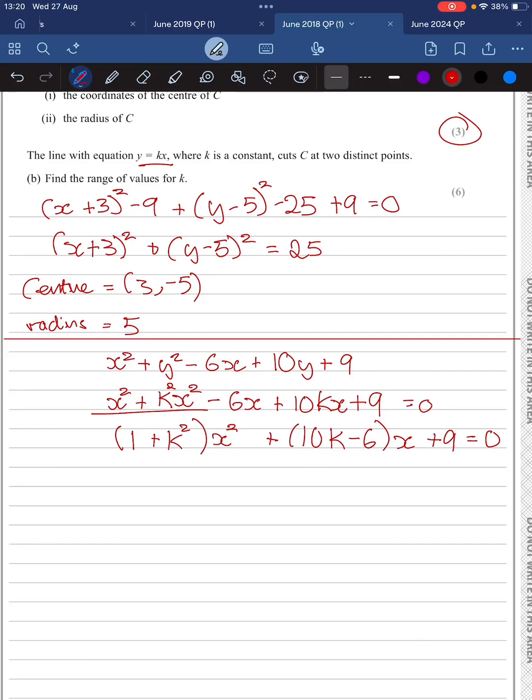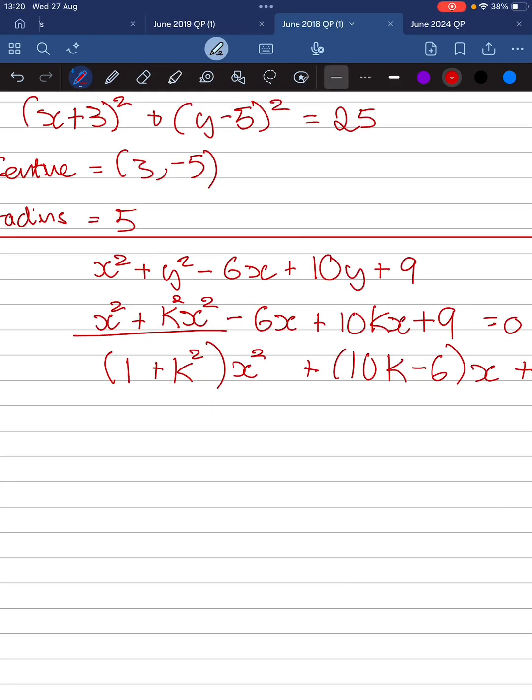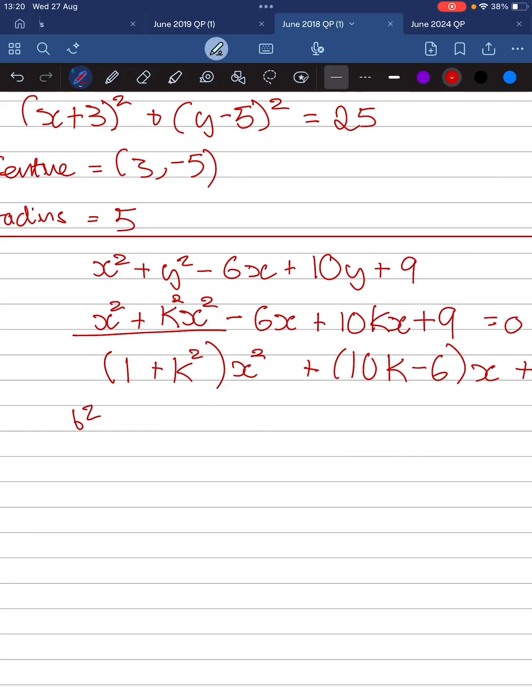And now what we would do is we would find the discriminant, b squared minus 4ac. One good thing about the discriminant is when we use it, we can use the coefficients to find out the kind of solutions, if that makes sense.